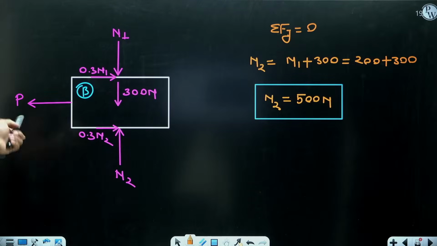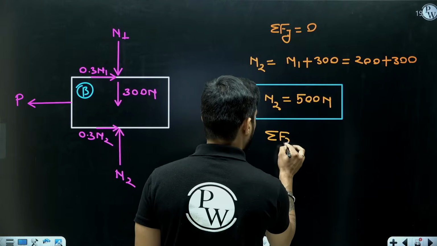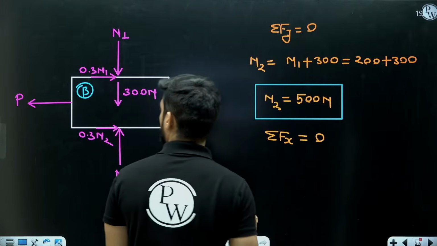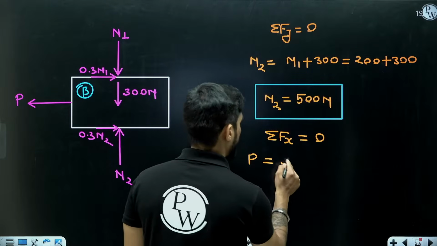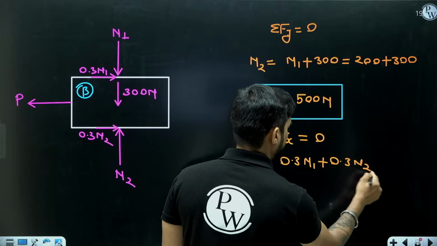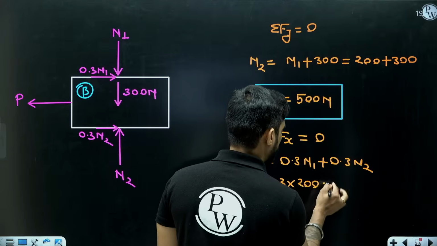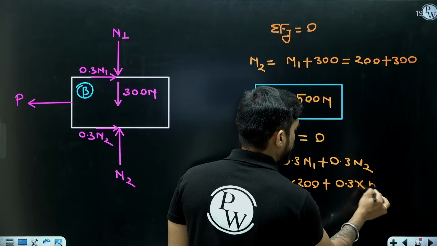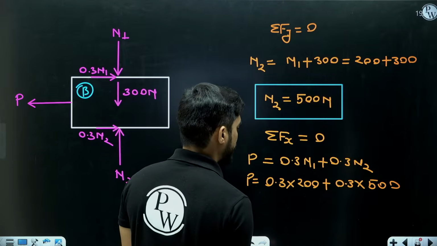Now I can apply summation of Fx equals 0 and I will get the value of P. From summation of Fx equals 0, P will be equal to 0.3 N1 plus 0.3 N2, means 0.3 into 200 plus 0.3 into 500, means 0.3 into 700.